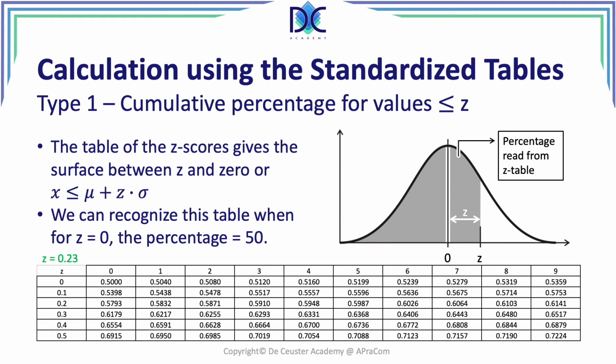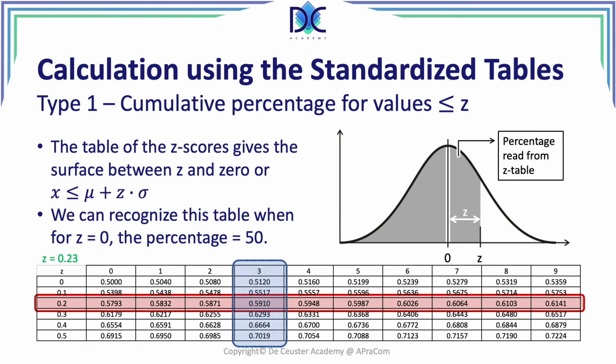Now, the first thing we do, we see z, we see 0, 0.1 up to 0.5. We select the row where we have 0.2. And on the top row, we see the next decimal. For the first column, we find 0.20. For the second, we find 0.21. We want to have 0.23. So now we find the column where we have 3. And we find the intersection between the 0.2 row and the 3 column, which gives us, in this case, 0.5910.